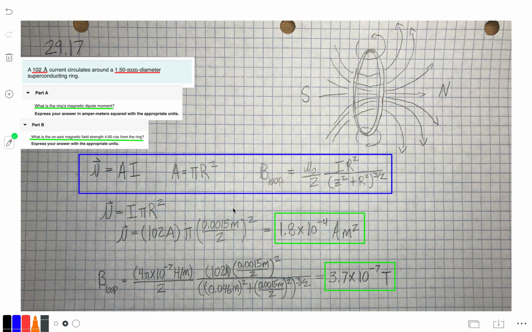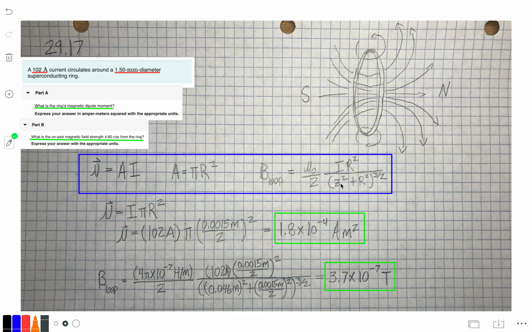Or I guess we can derive other magnetic field strength equations from this equation, specifically by making assumptions using this denominator right here.